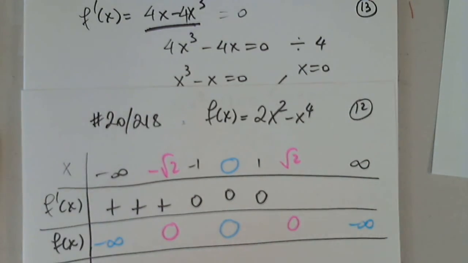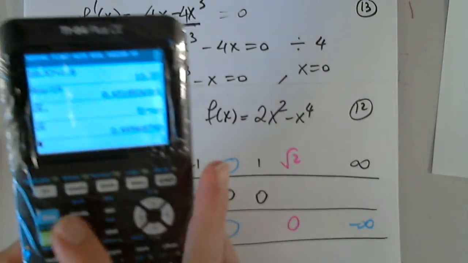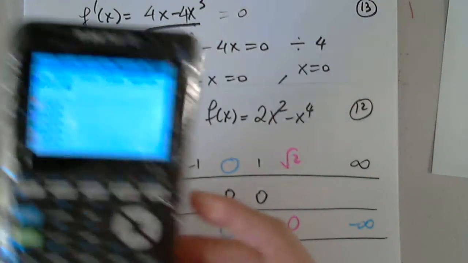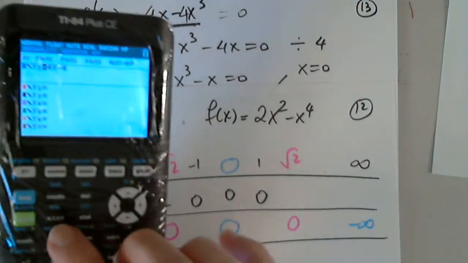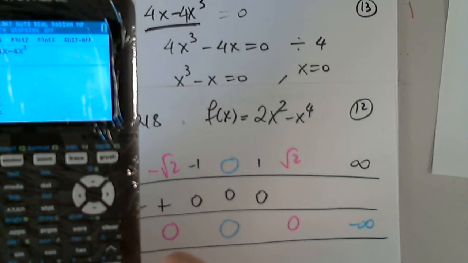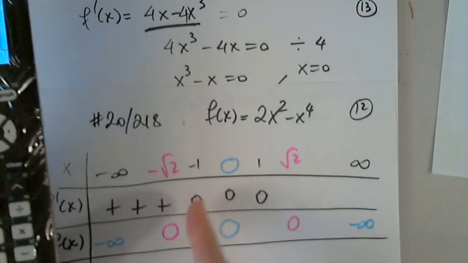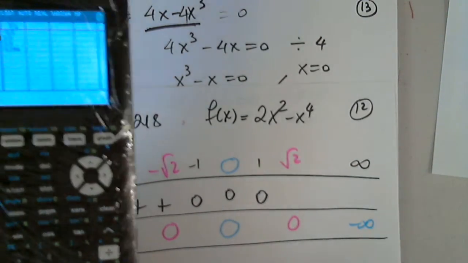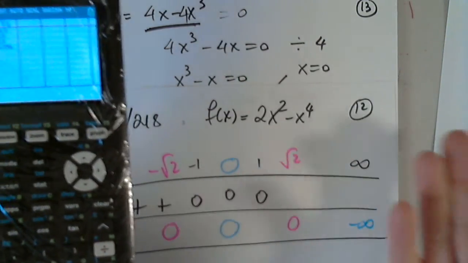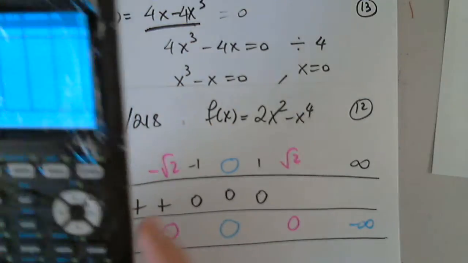If you have any doubts, you can put the function in the graphing calculator, which is 4x minus 4x to the third, and plug in some numbers. I'm going to plug in negative 0.5, I'm going to plug in 0.5, and there is no need, but let's say we plug in 10.